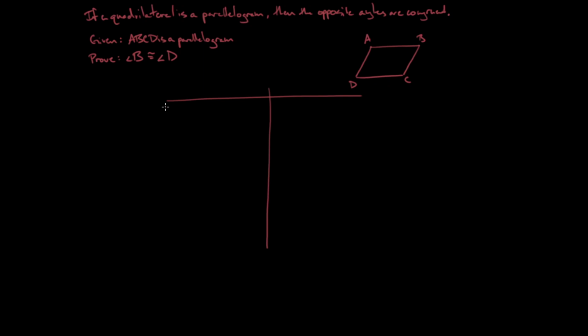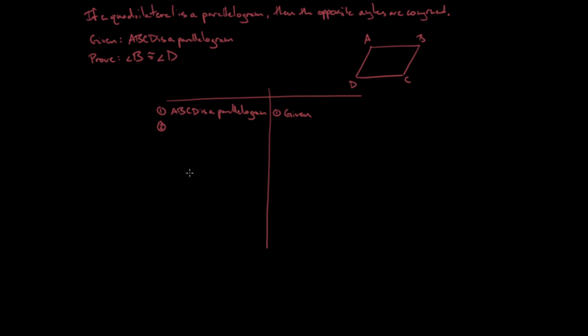Without giving too much away, I'm going to start this proof how you might expect, which is, number one, use my given: ABCD is a parallelogram. That's given to me. Since I haven't drawn anything in, I can really only use my definition at this point.